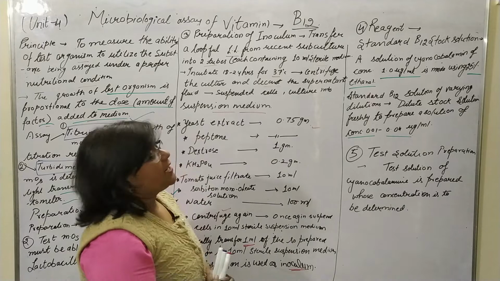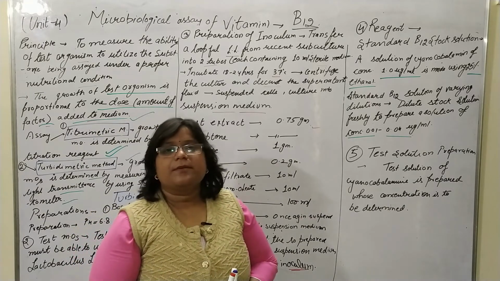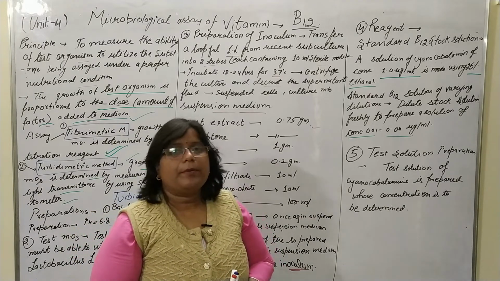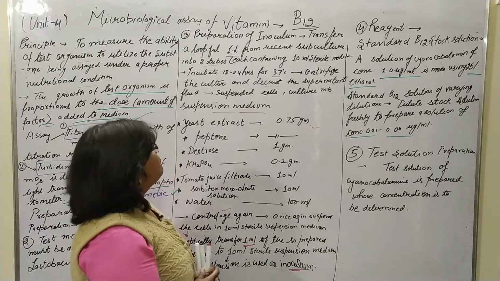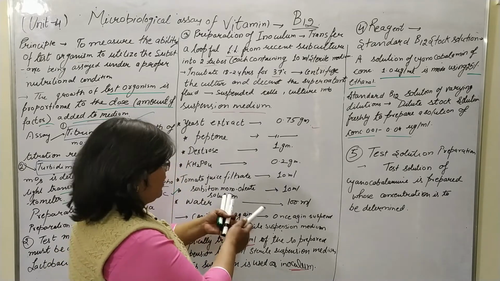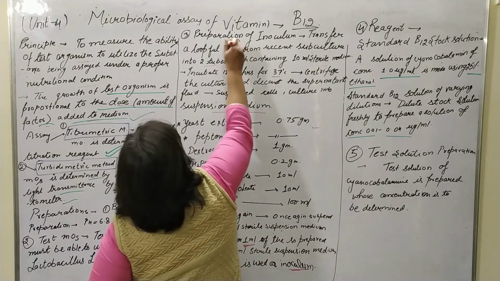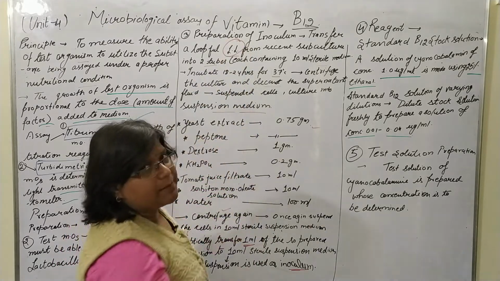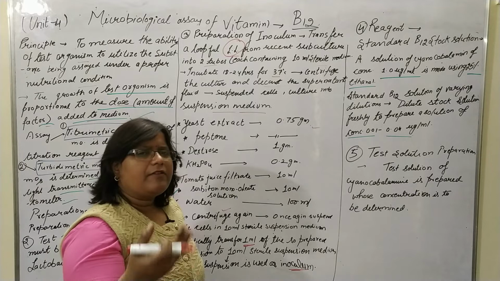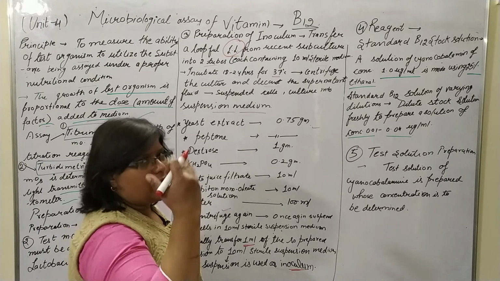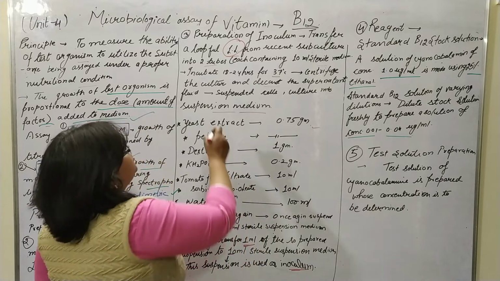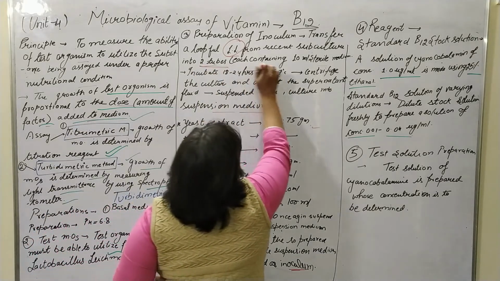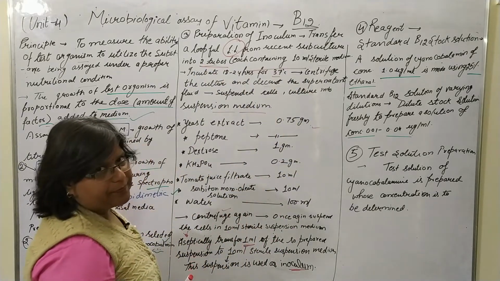Now the third is the preparation of inoculum, which is a tedious task. First, transfer a loopful of LL, that is Lactobacillus leichmannii, from a recent subculture into 2 tubes, each containing 10 ml sterile medium.